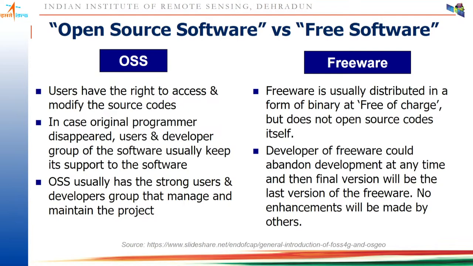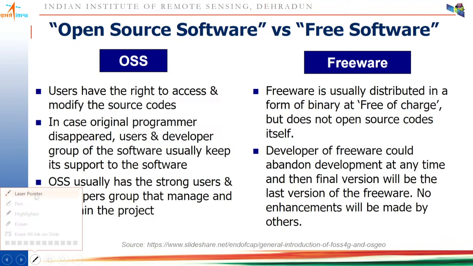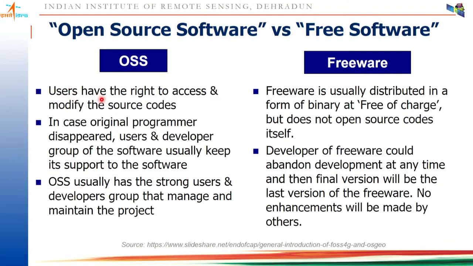In case of open source software, or OSS, users have the right to access and modify the source code. That means the program in which the software is written is also given to the users.